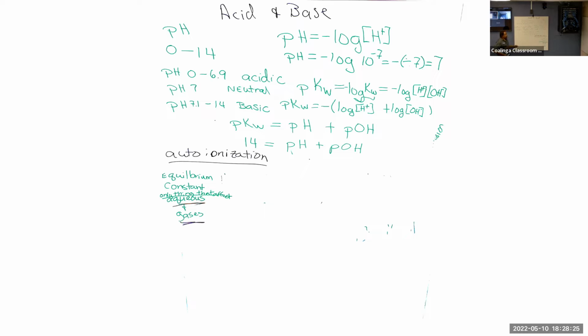Now this helps us determine, if we have the concentration of the hydroxide, then we're able to calculate the pH by using this equation right here. Does that make sense?